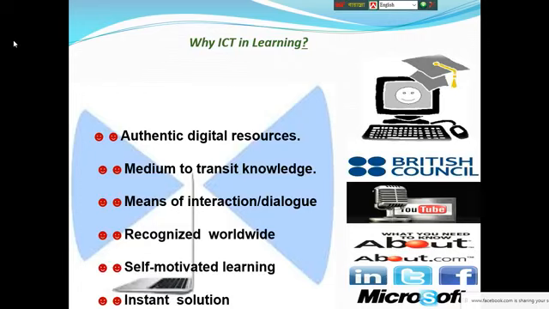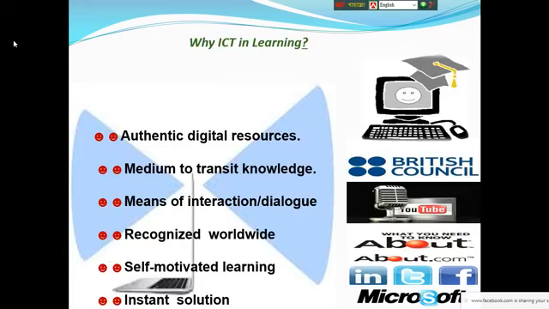You see, at the right part of the slide, your left, some images are there: British Council, YouTube, about.com, LinkedIn, Twitter, Facebook, Microsoft. These are the platforms you can use for developing your language skills. So let's see what happens.